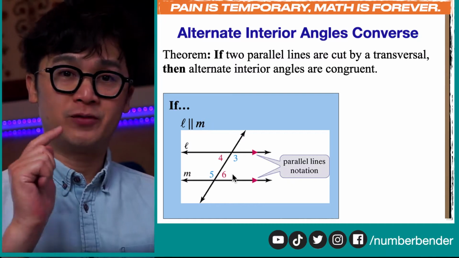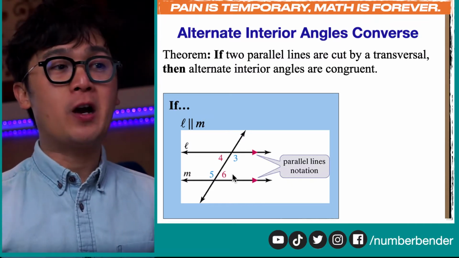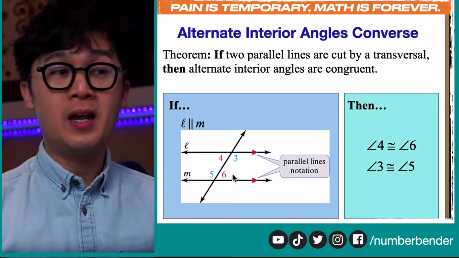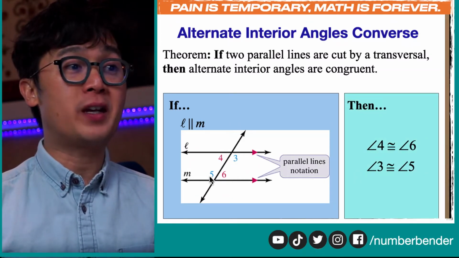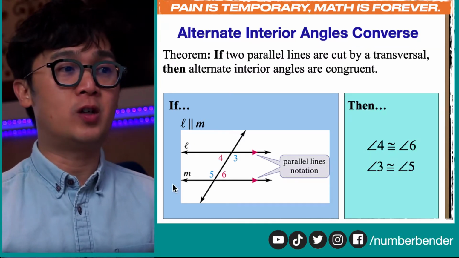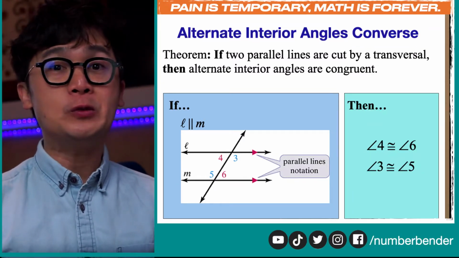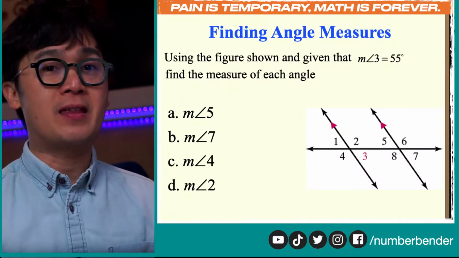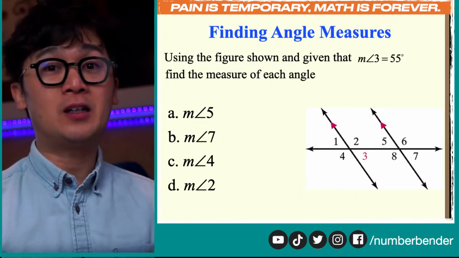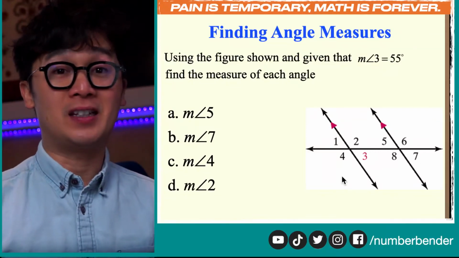So in conclusion, the measure of angle 4 and 6 are congruent, and the measure of angle 3 and 5 are also congruent. This is our first theorem, and we're going to use this to identify the measures of these four angles in this diagram.